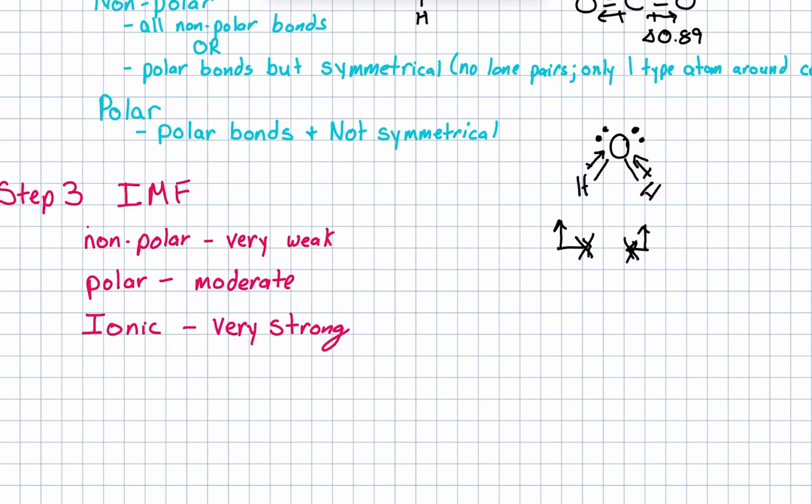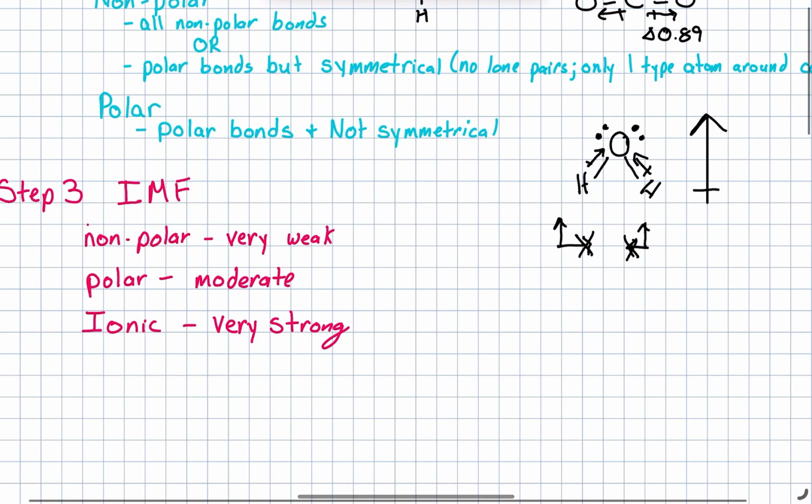And so what we say is that we have a polar molecule, and the molecule itself has an overall molecular polarity, a molecular dipole. My molecular polarity is pointing in the direction of where my electrons are hanging out. And since my vectors of my electrons are pointing up, that means my overall molecular polarity is up.